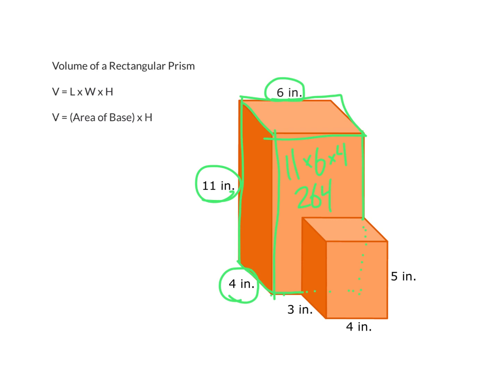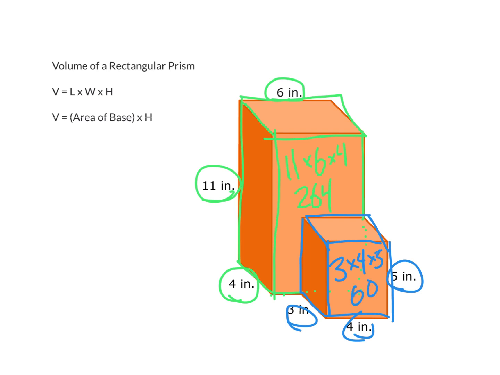If we look at our other prism that we can create, it's this one in the front here, and we have 3, 4, and 5, which gives us 60, and if we add those together, we get a total volume of 324 cubic inches.